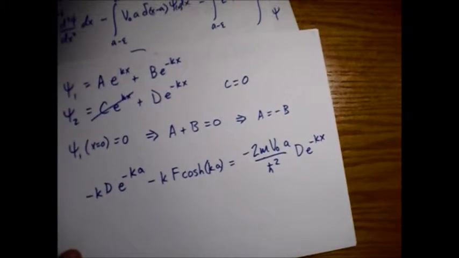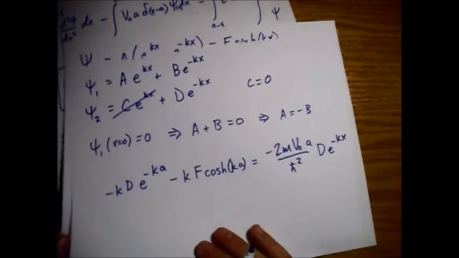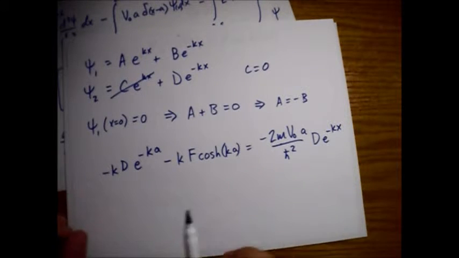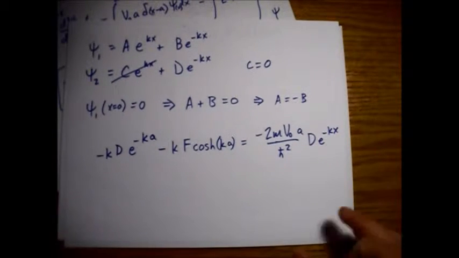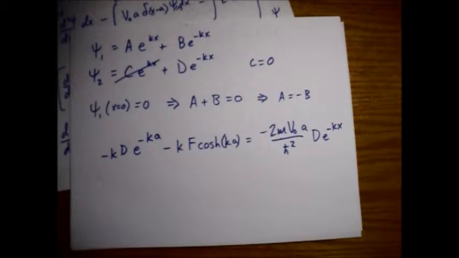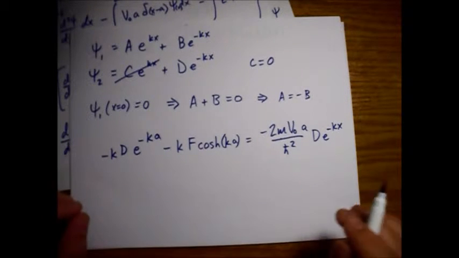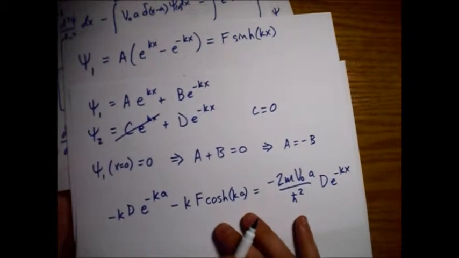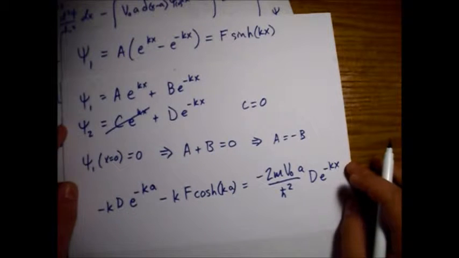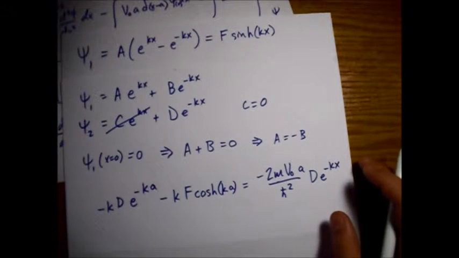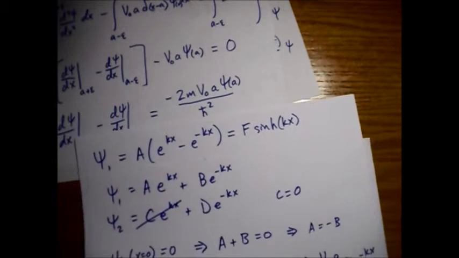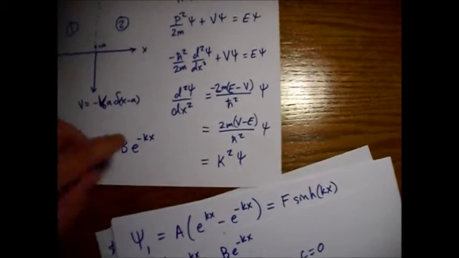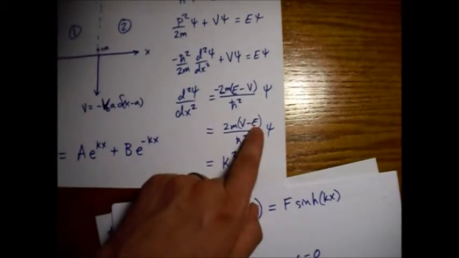All right, so here we have an additional constraint on our equations here. Let's see what we can do. What we want to end up doing eventually is we want to solve for k, because when we look back at where we defined k, this has the energy inside of it.